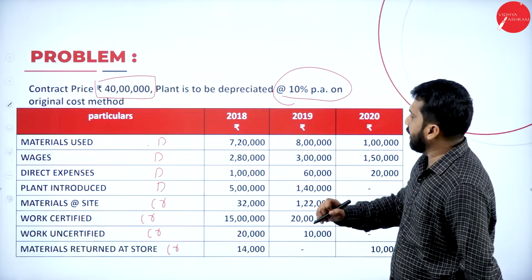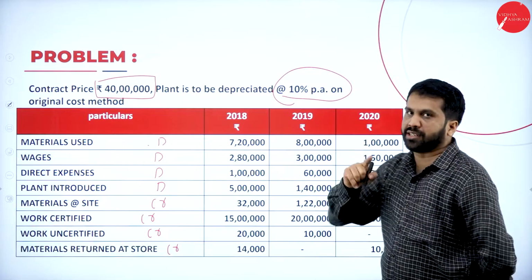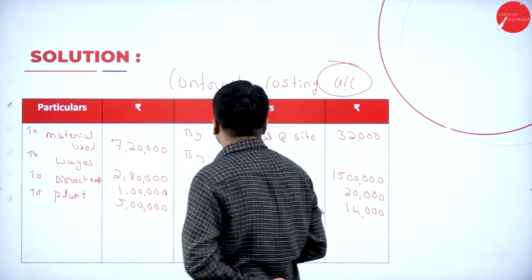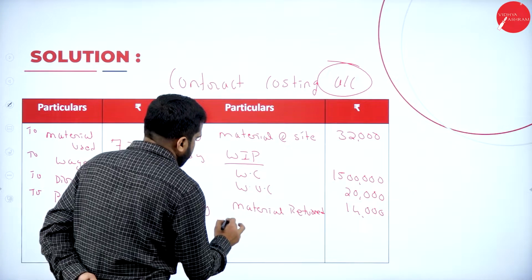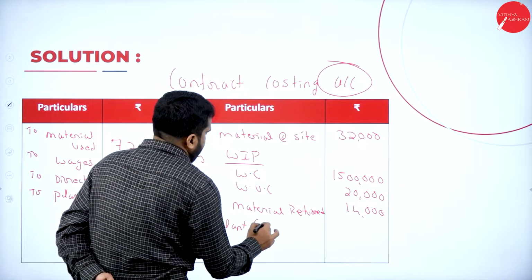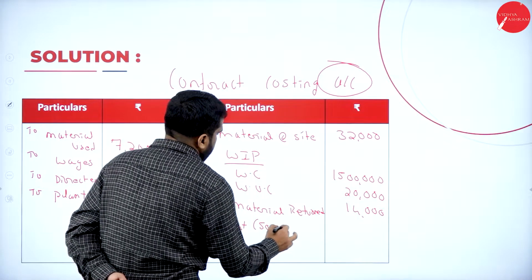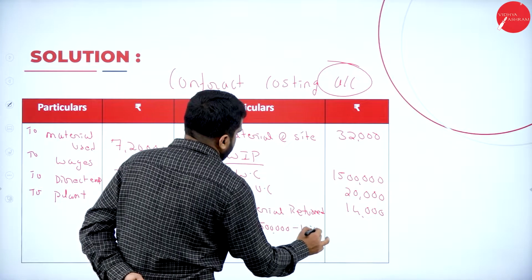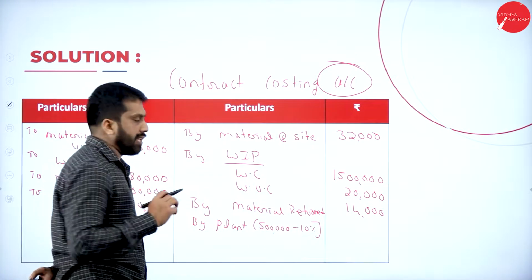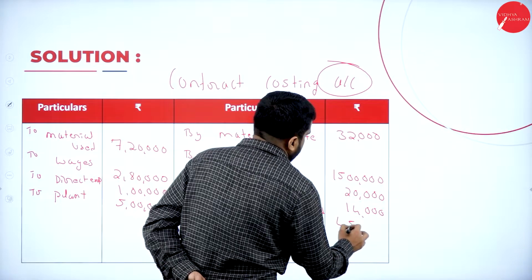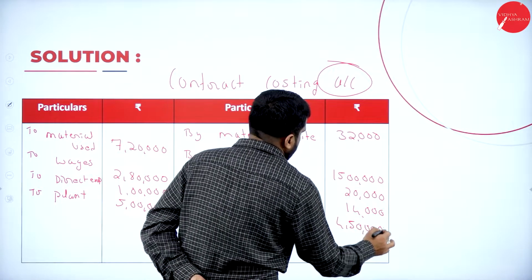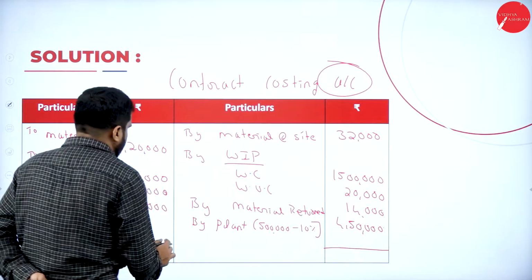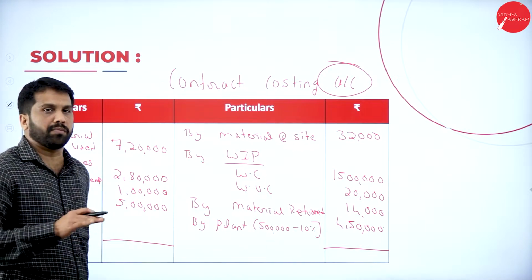In that 5 lakh, what is the depreciation? 10%. Now, plant 5 lakh minus 10%, it is 50,000. The balance will be 4,50,000. We have to see which side is more.